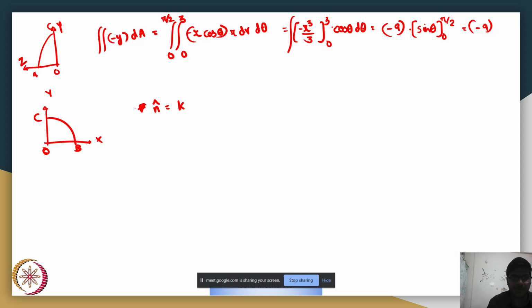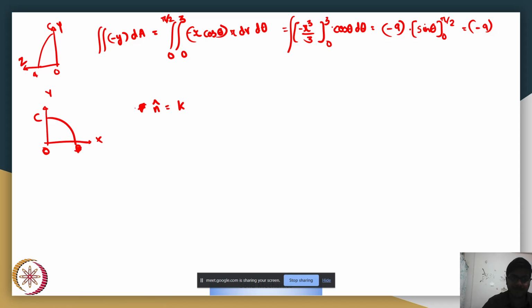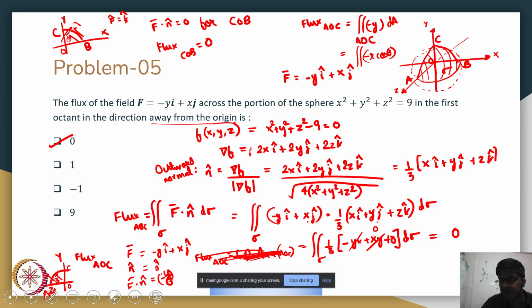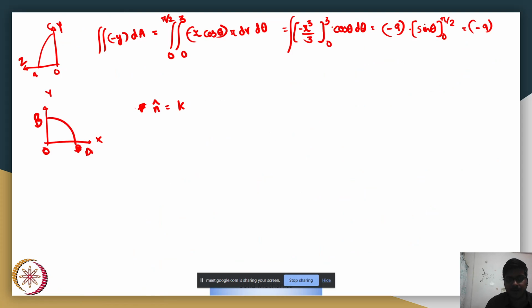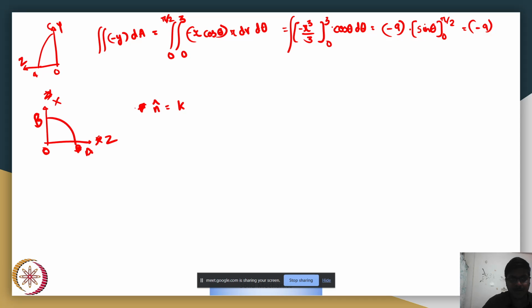We need to take AOP. And A is along x. Here my normal vector would be j hat.